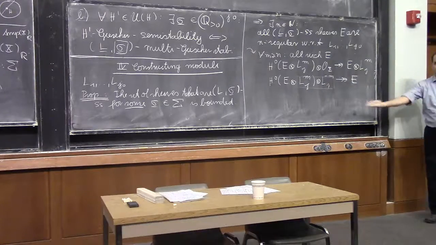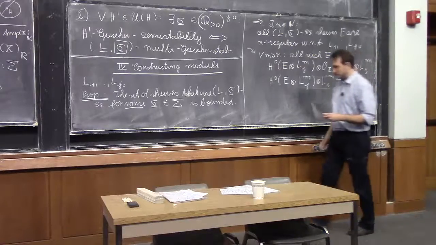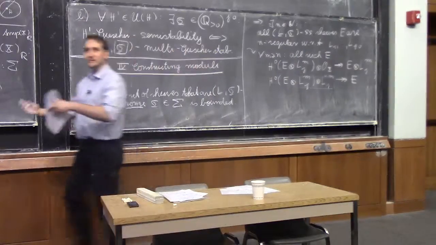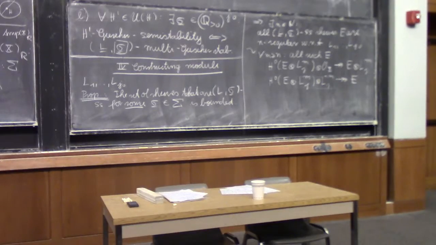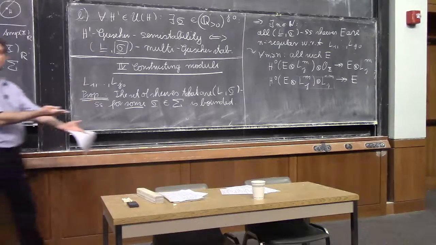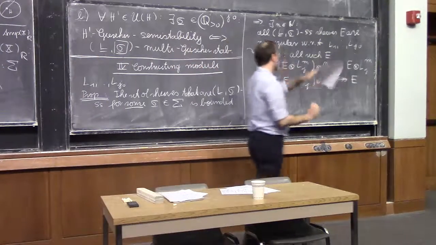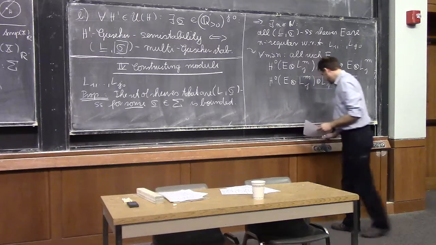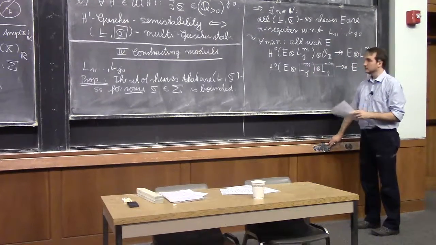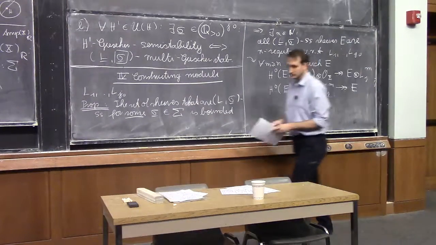So I have J naught representations as a quotient, and of course they all give the same E. Right, so that's too much information. So I have to relate these different quotient representations. Yeah, so for this I do the following.